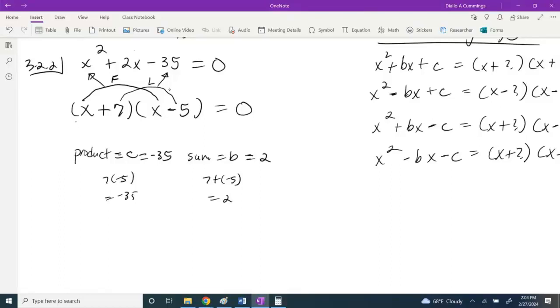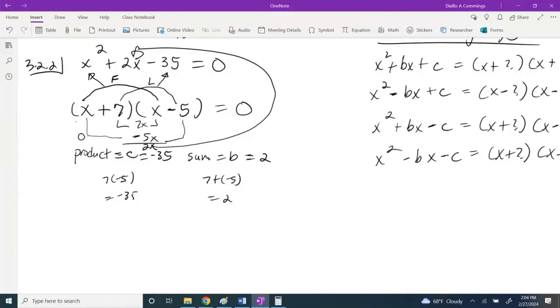You get this middle term by taking the outermost, so x times negative 5 is negative 5x, and the innermost, 7 times x is 7x. If you combine those, it should give you that middle term, 2x, if you have factored it correctly. So the factoring and the FOIL method are reverse processes.